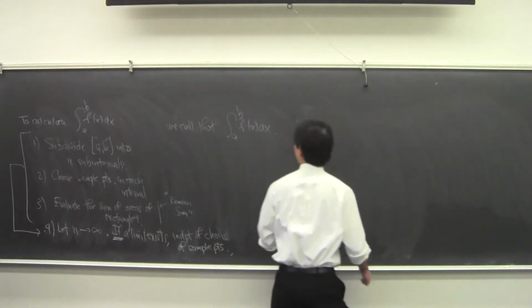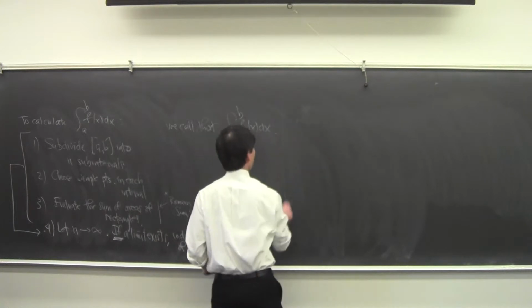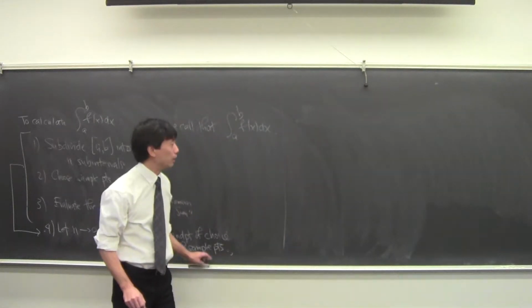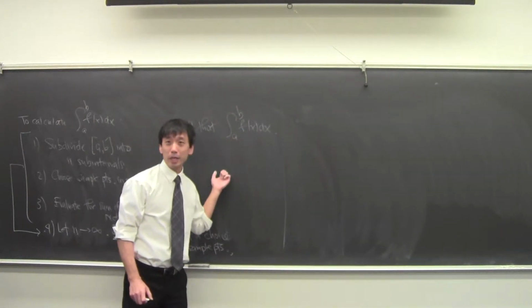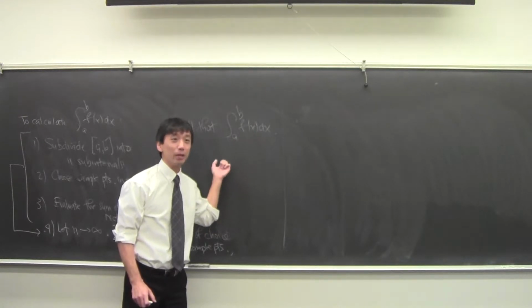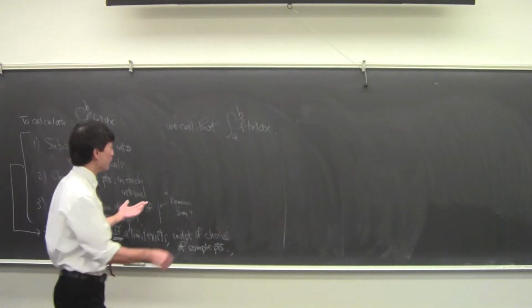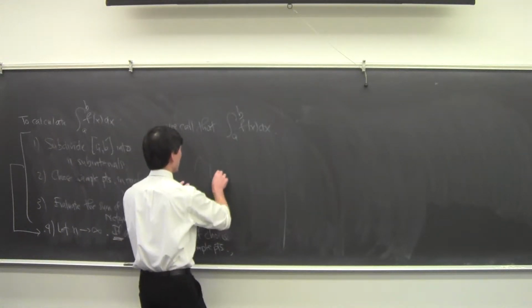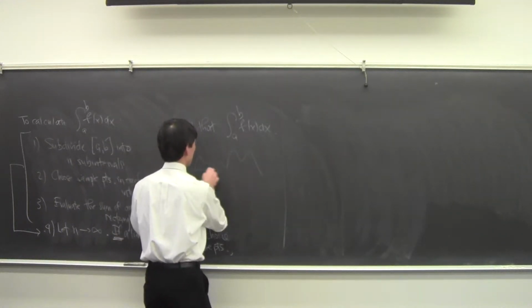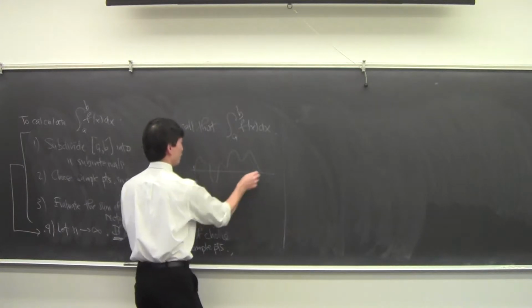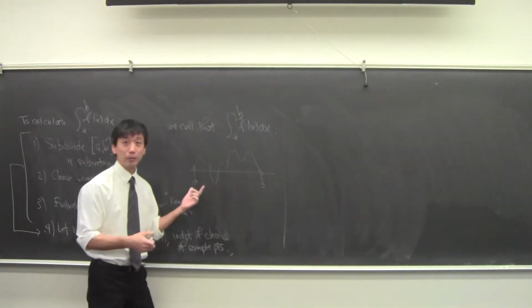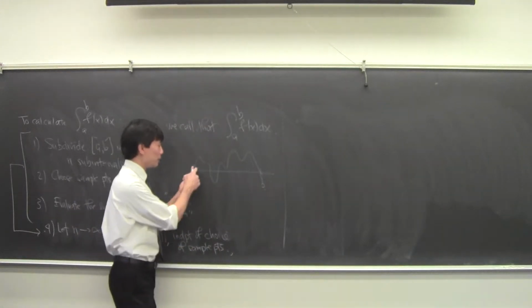Okay. So what you see is that calculating integrals is a pain, right? If somebody gives you an arbitrary function and asks what's the integral from A to B, you have to start approximating.